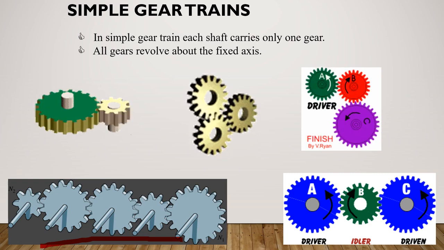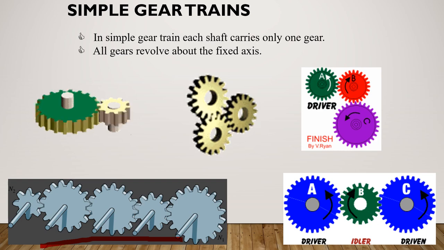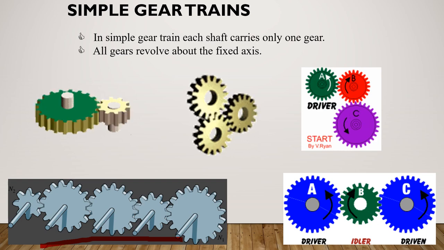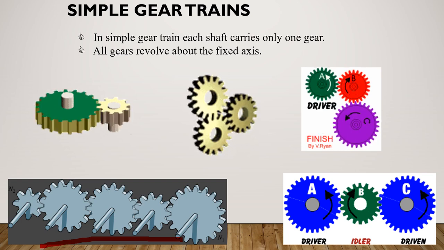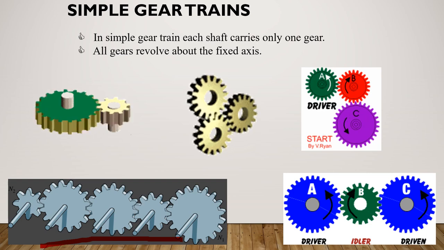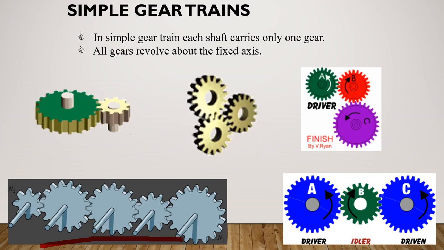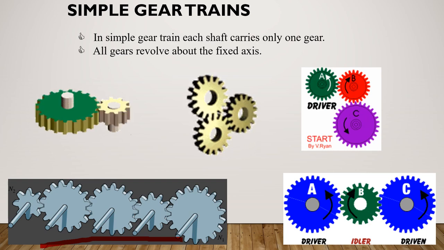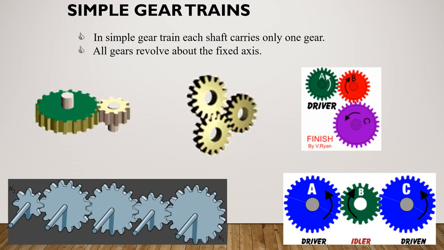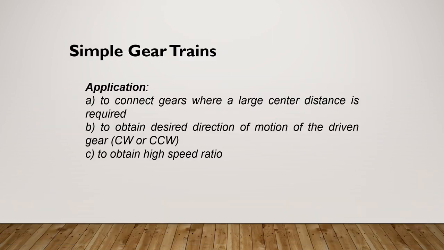One more point is that the gears rotate with respect to a fixed shaft, a fixed axis, so the axis will be the same. They don't change continuously. If you have this type of element, they call it a simple gear train. Some applications of the simple gear train: it is used to connect gears when a large center distance is required.